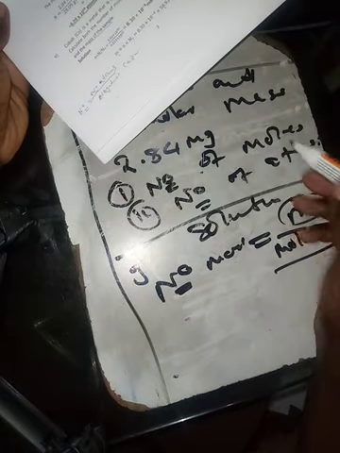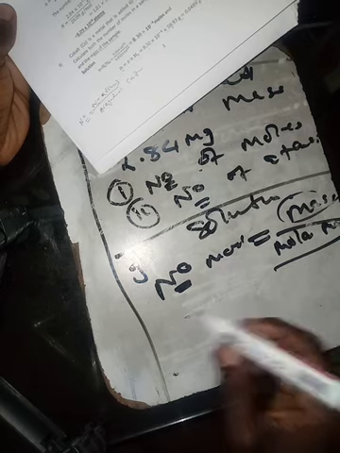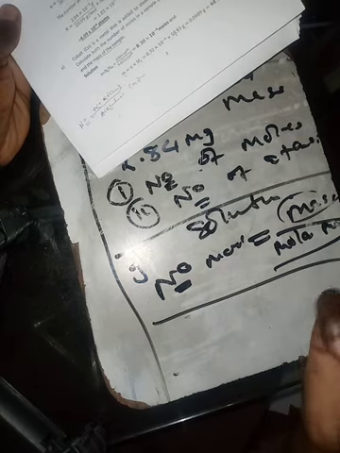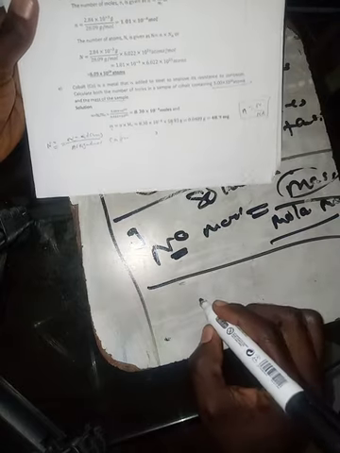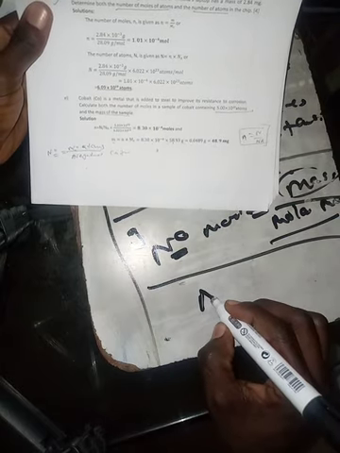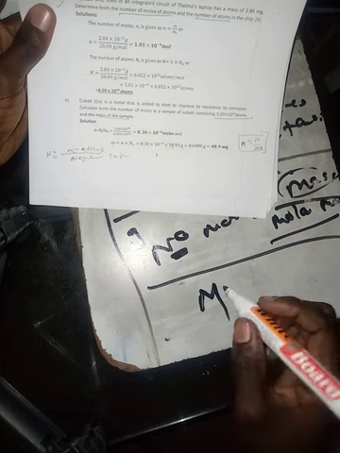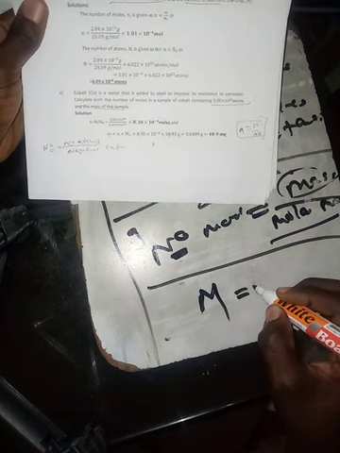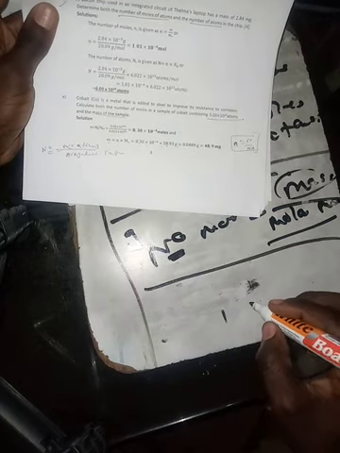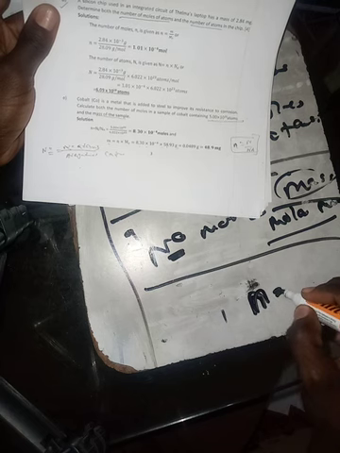Then, the question is the number of moles, then again the number of atoms. So now, the relationship between the number of moles, the number of atoms, and Avogadro's constant is that number of moles is equal to the number of atoms divided by Avogadro's constant.